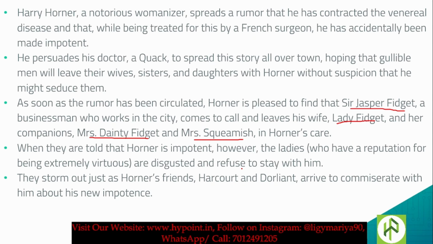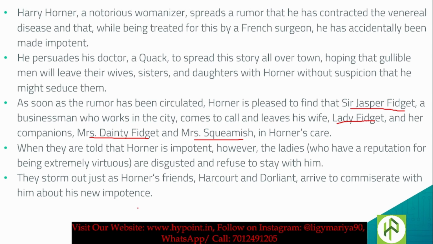They portrayed themselves as extremely virtuous, but still, when they heard that Horner is impotent and nobody can make any kind of advancement with him, they became so disgusted and refused to stay with him.